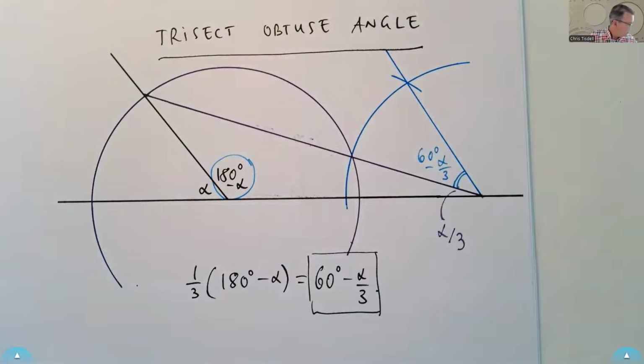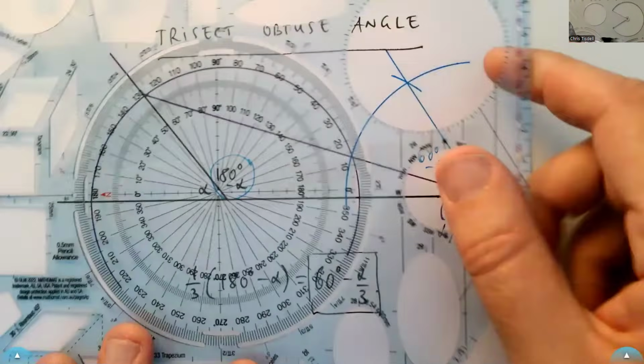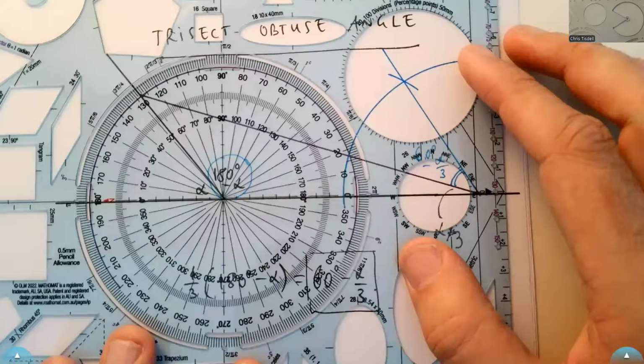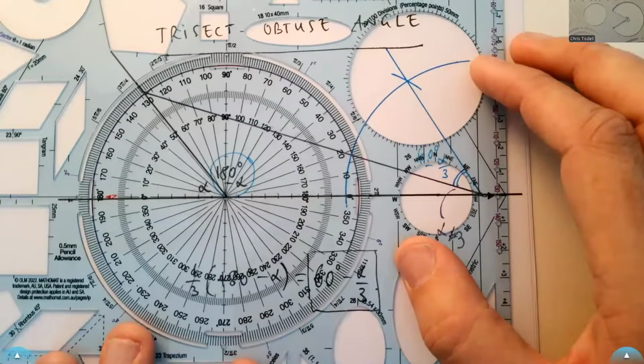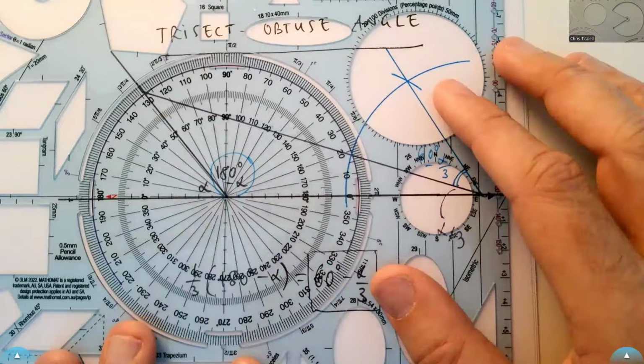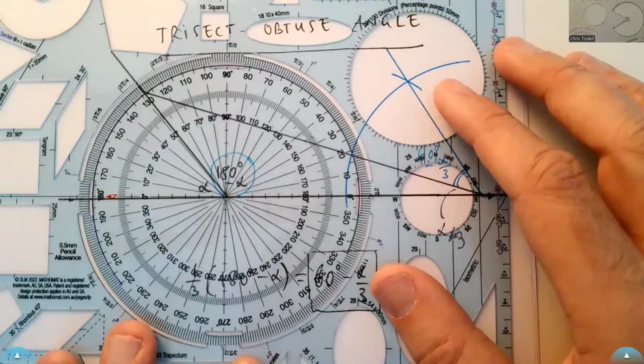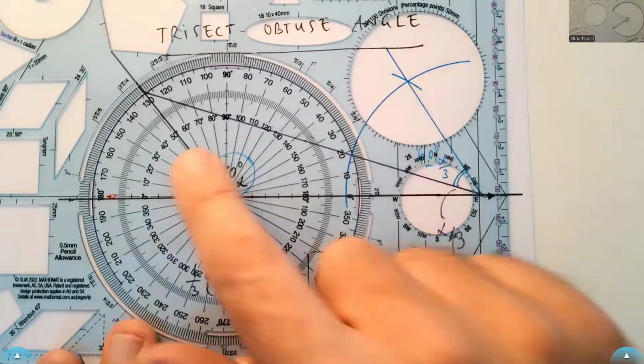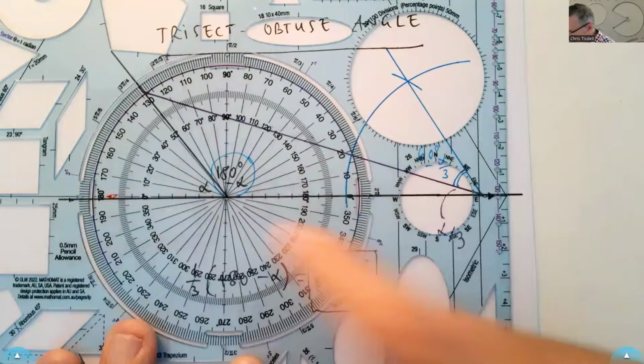All right. So shall we give it a little test and see how close we are? I think that's a good idea. Now of course you're not allowed to measure in geometry, but we can still do that. So this looks like it's about 126, 128 maybe.